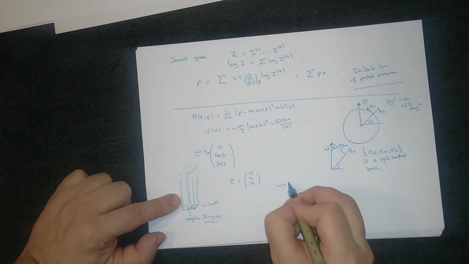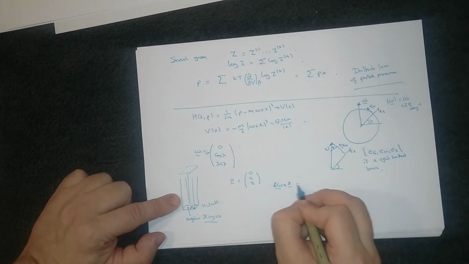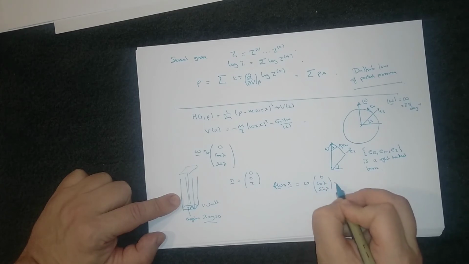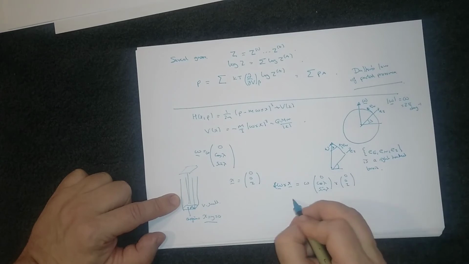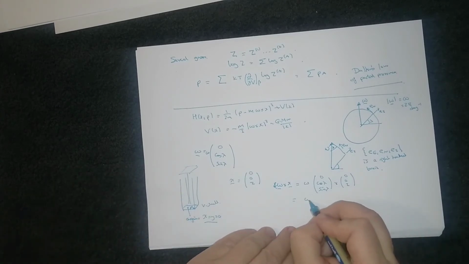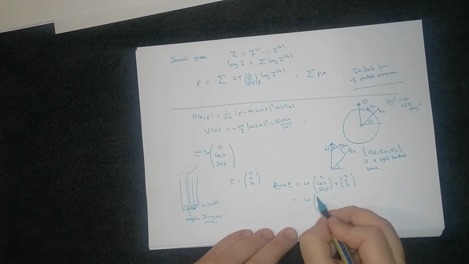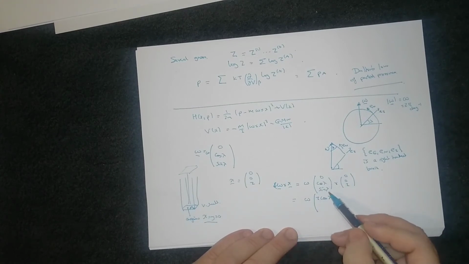And therefore omega cross x is omega times (0, cos lambda, sin lambda) crossed with (0, 0, z). That's equal to omega z cos lambda in the first component.